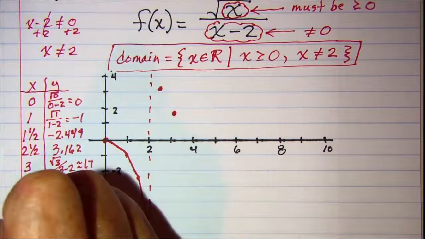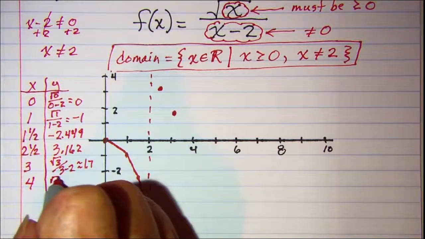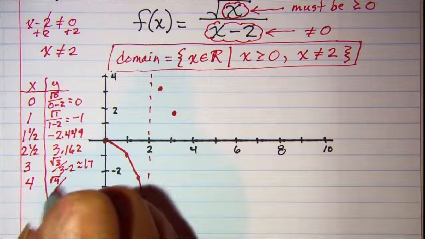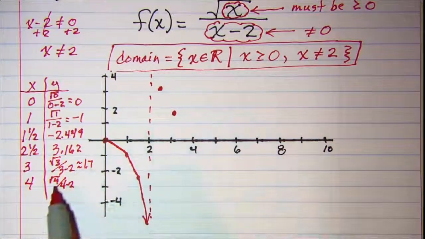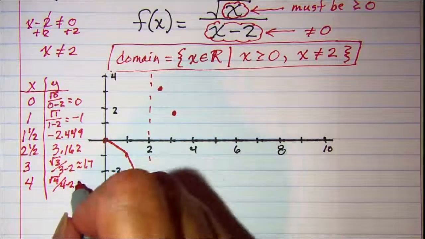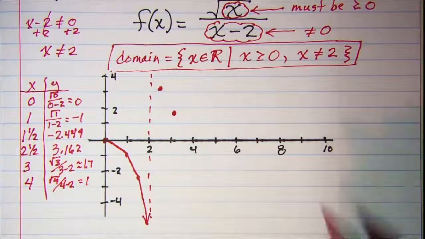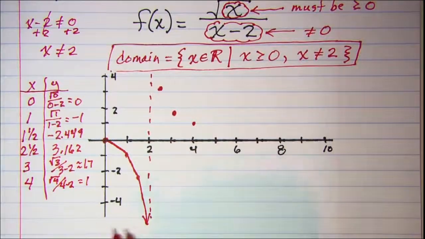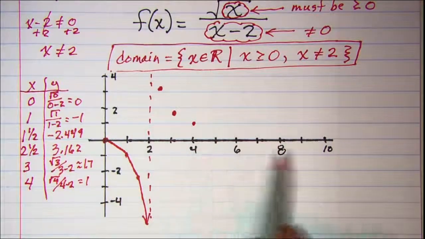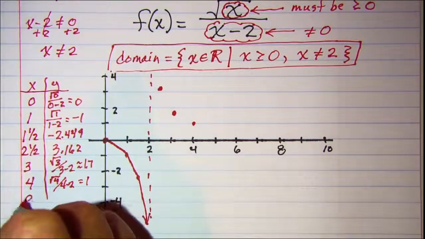When x is 4, we have the square root of 4 over 4 minus 2. So this is 2 over 2, which is 1. And let's just do 9 also to see how it behaves there.